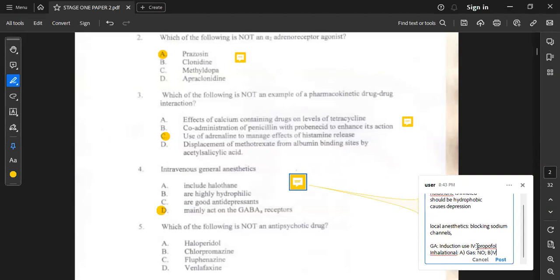And as you mentioned, the mechanism of action is divided into five. They can either enhance the GABA effect on the GABA-A receptors, examples being inhaled anesthetics, propofol, barbiturates, benzodiazepines, or they could block the nicotinic receptor subtypes and also activate potassium channels.